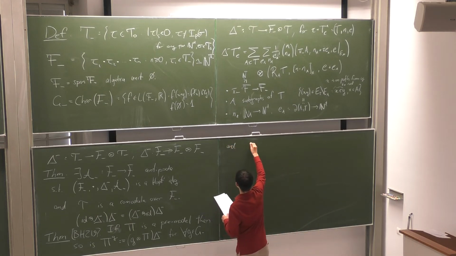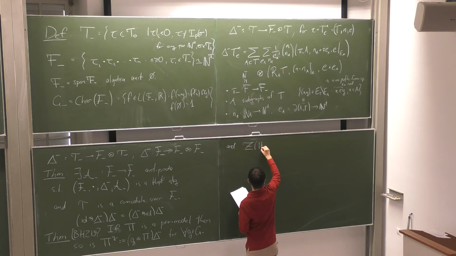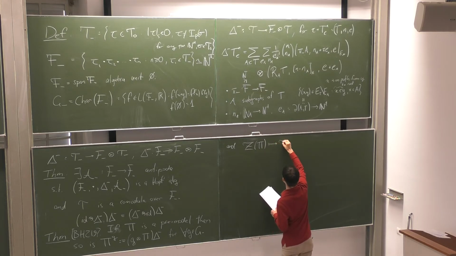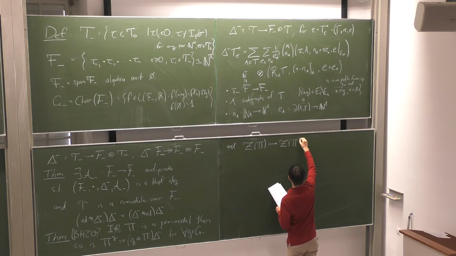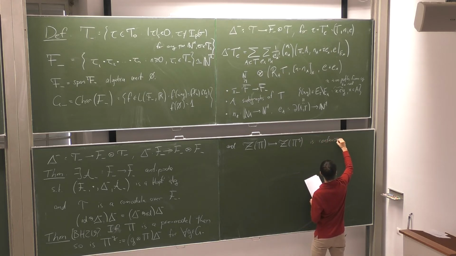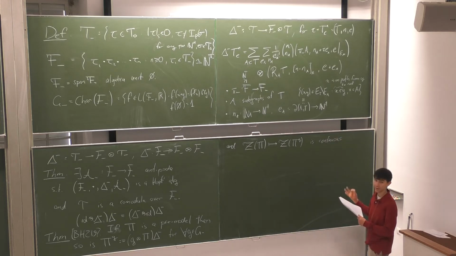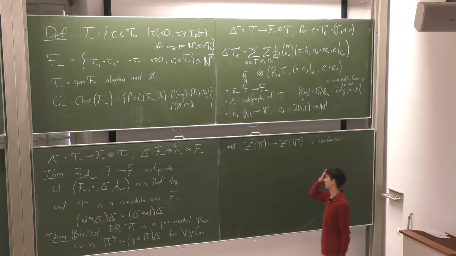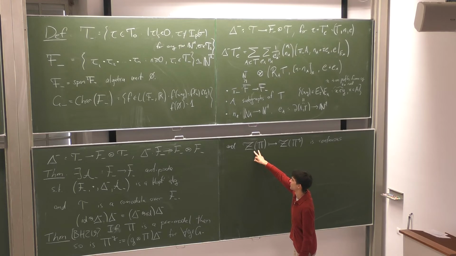The map which sends the model generated by pi to the model of pi g is continuous. We always want to have continuous mappings in this business. You might wonder whether this map is really well defined, because what if I have two different pi's that have the same models? Then maybe these would be different.